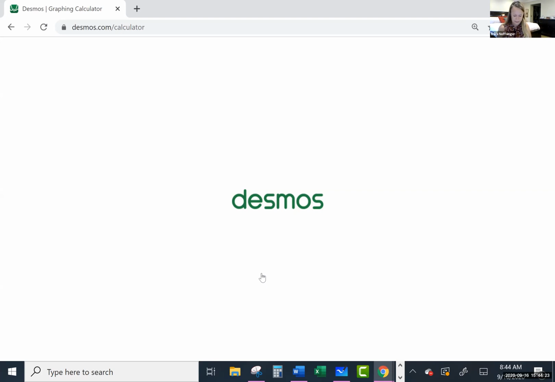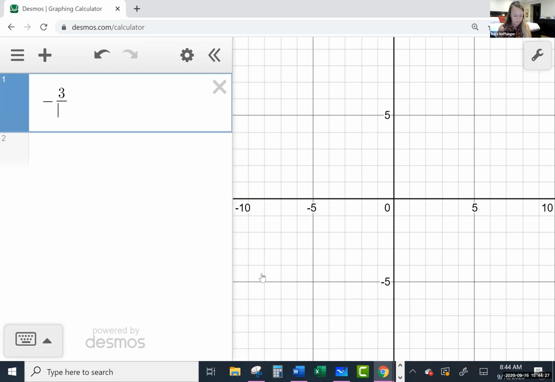Okay, so our first equation was -3 all over x plus 1.